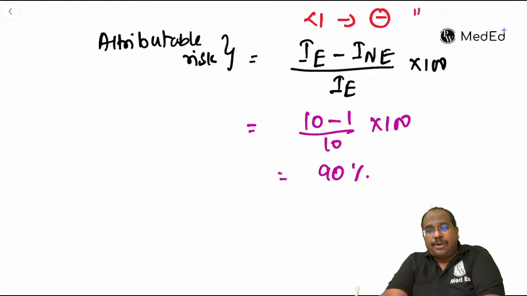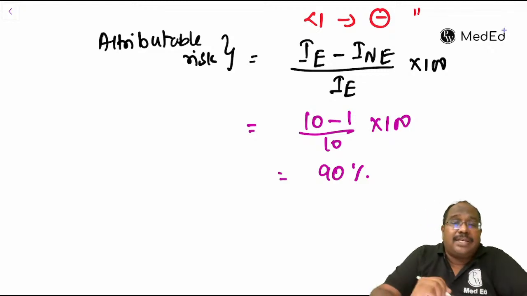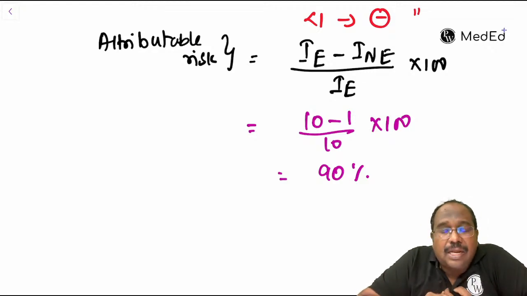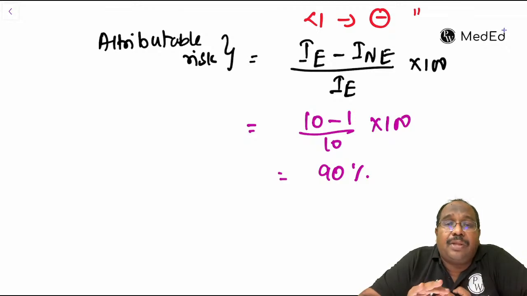What do you mean by that? Attributable risk says how much percentage of disease is attributed to the exposure.